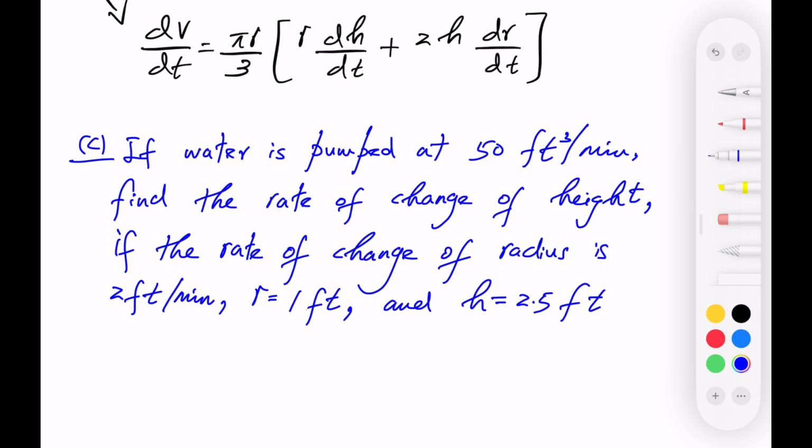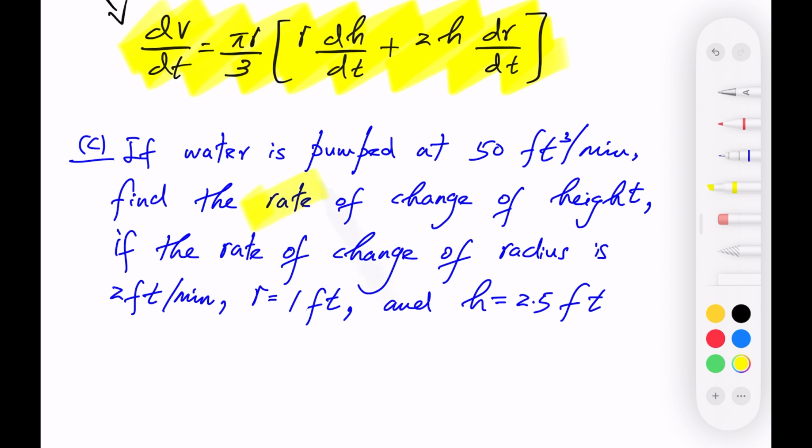Here's your part C. If water is pumped at 50 cubic feet per minute, find the rate of change of height. If the rate of change of radius is 2 feet per minute, r equals 1 foot and h equals 2.5 feet. Now we simply have to use the equation that we derived earlier and find the rate of change of height.